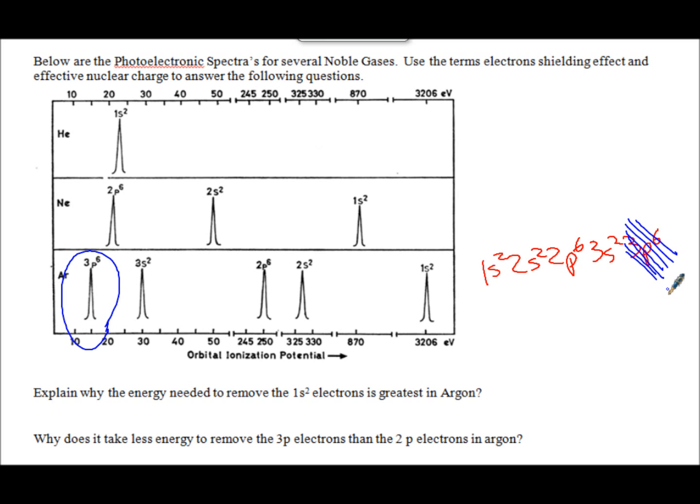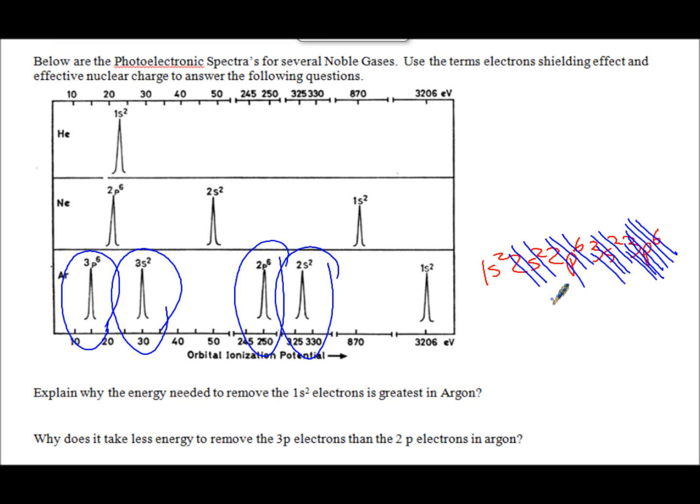And then the next energy quantity is them removing 2 more. And then removing 6 more. And then removing 2 more. So they've removed all of these electrons, and this last energy quantity, which is drastically more than all the others, is them removing the last 2.